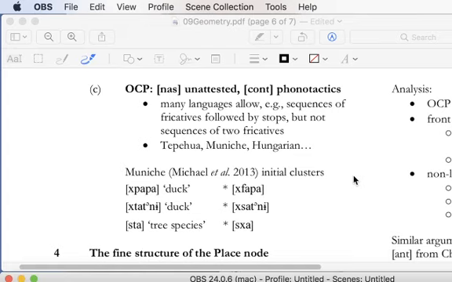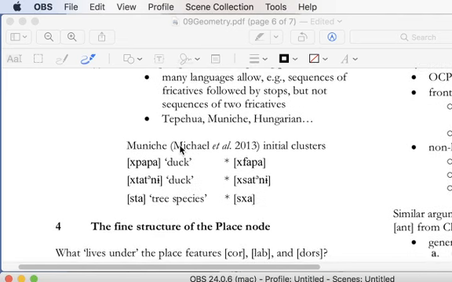For continuancy, arguably you could get some phonotactic effects out there that look like they might be related to OCP continuant. There are a lot of languages that allow, for instance, sequences of fricatives followed by stops, but not sequences of two fricatives. Here are several examples of languages that seem to work like this, at the beginning of a word, at the beginning of a syllable. Here are some examples from Muniche, which is an Amazonian language. These are word initial clusters.